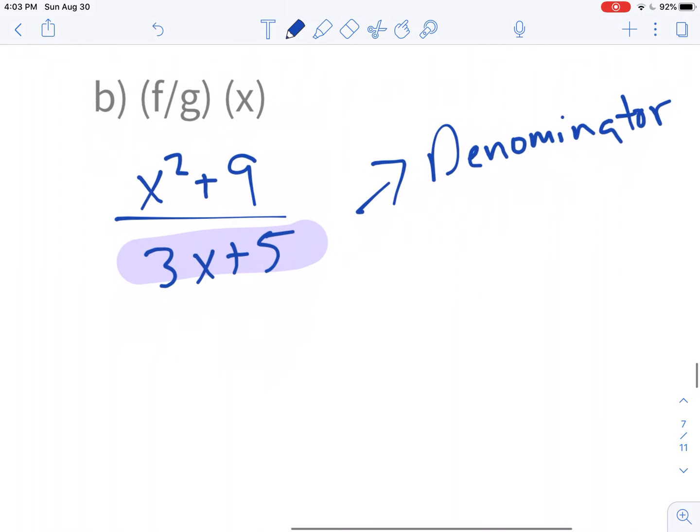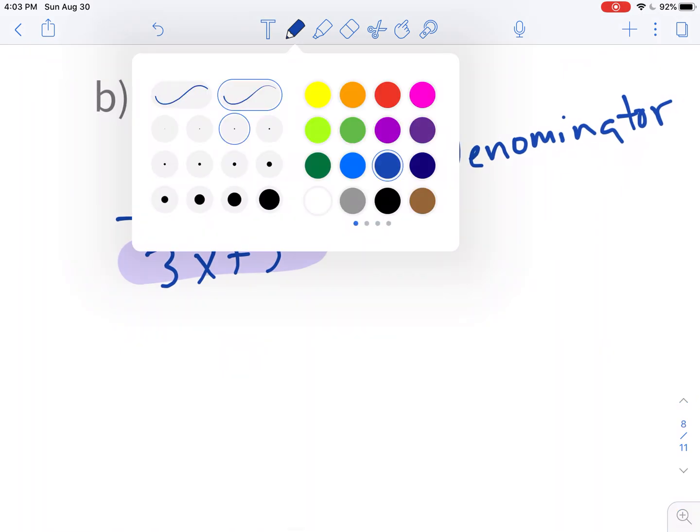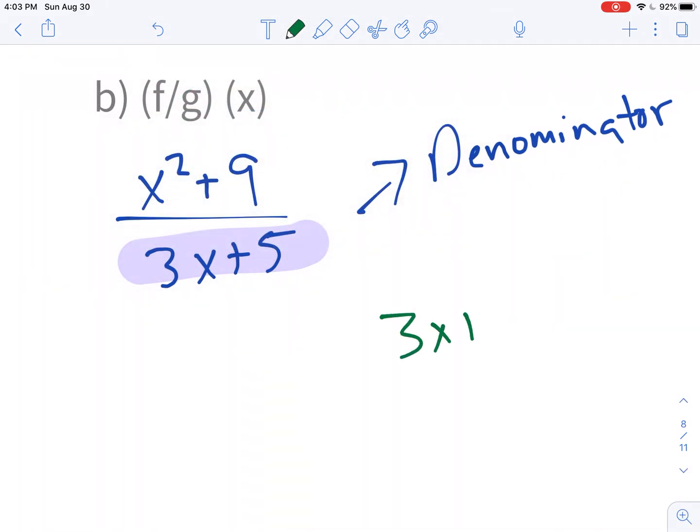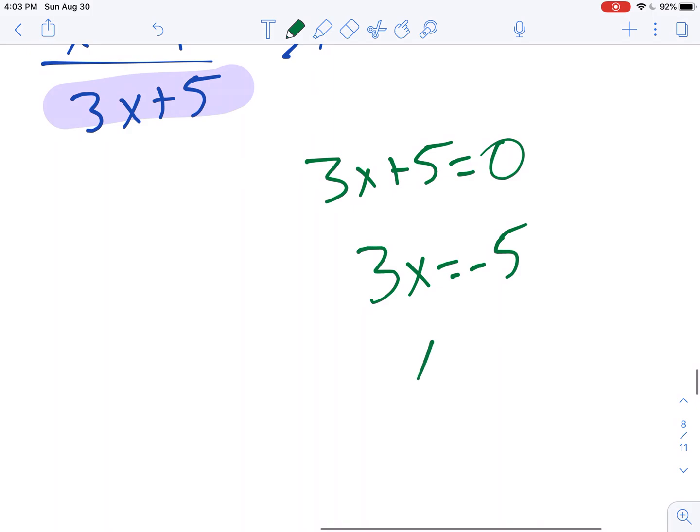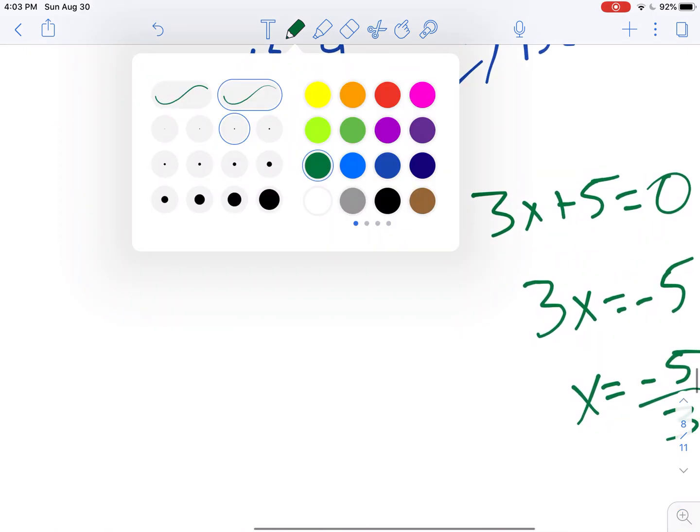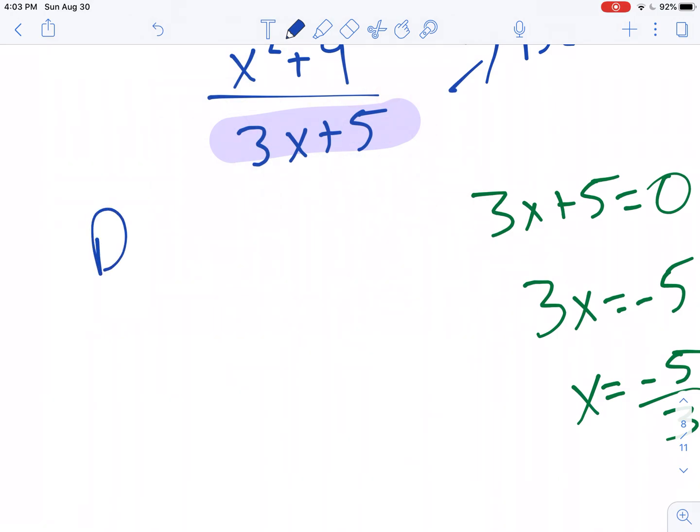This is really straightforward because again, it's just like the old denominator rules. I set 3x plus 5 equal to 0. I get 3x is equal to negative 5. And I get x is equal to negative 5/3. So this one, my domain, is going to be all real numbers where x cannot be equal to negative 5/3.